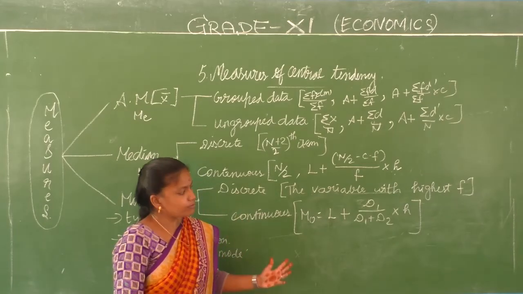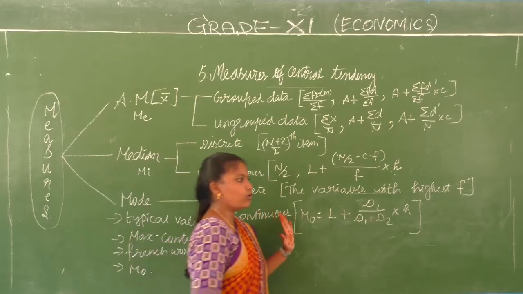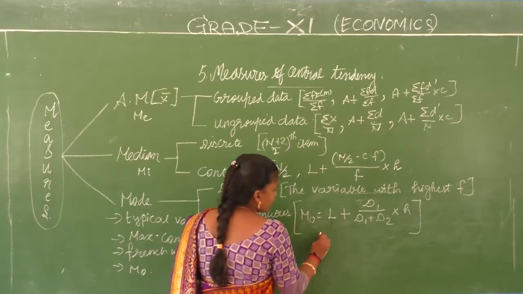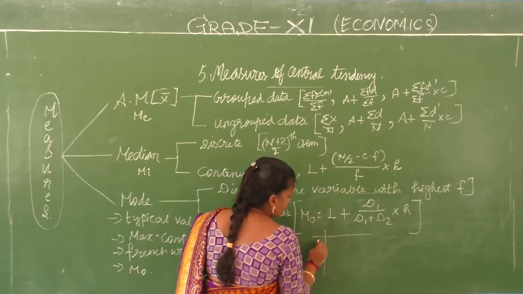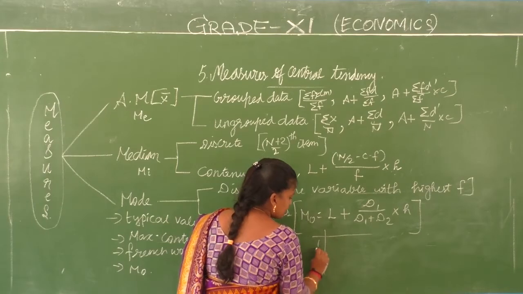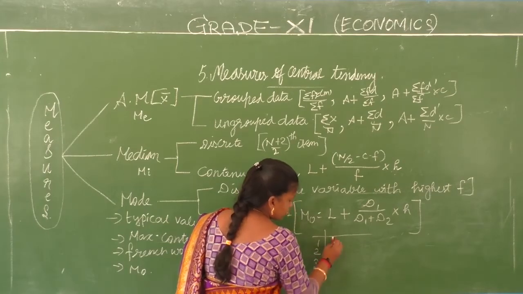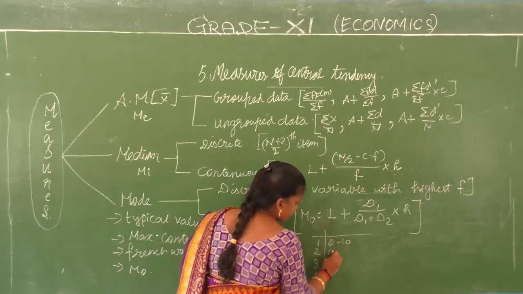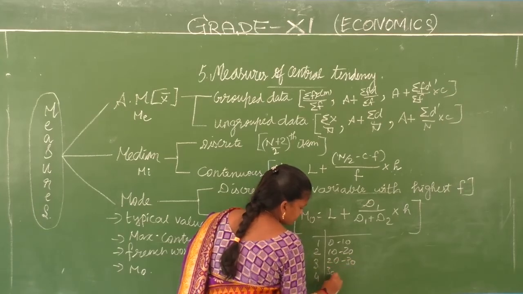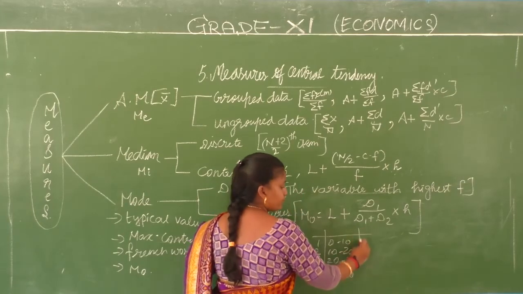Now when we work on problems, you will get to know it easily. For example, you have first class limit, second class limit, third class limit, 0 to 10, 10 to 20, 20 to 30, 30 to 40, like that.